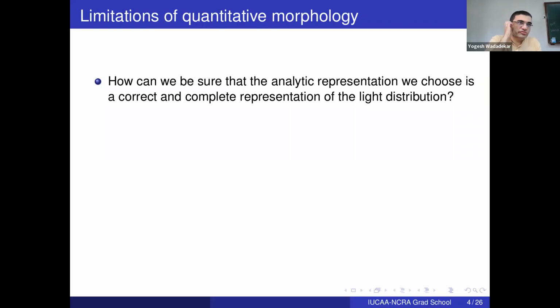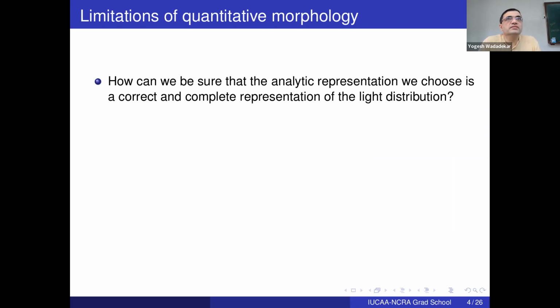Okay, so we've looked at quantitative morphology, particularly of one kind, which is trying to do analytical fits to the different components of galaxies. So there are limitations here, obviously. One obvious limitation is how can we be sure that the analytic representation that we have chosen is a correct and complete representation of the light distribution. So suppose we use an exponential to model a disk. Suppose the disk is not exponential, okay?